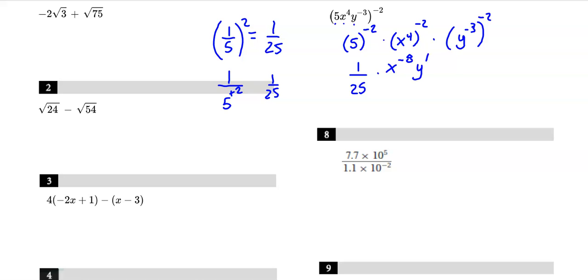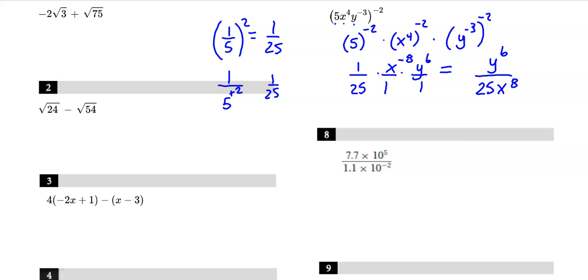Negative 3 times negative 2 is 6. So that's where we're at right now. And the only issue is I need to get that x to the negative 8th on the bottom to make it positive. It's on the wrong team. So I believe that would be your final answer.